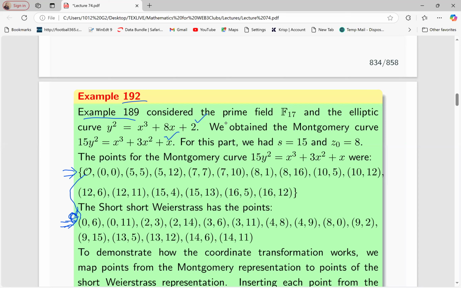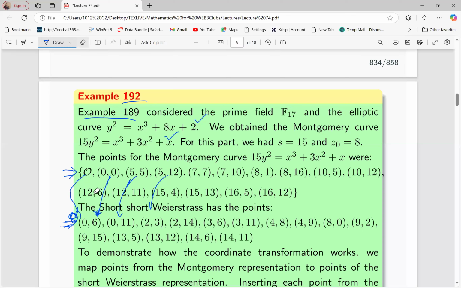Now, the question is, what about this point? Where will it be mapped to? We cannot just say it will be mapped here. Of course, we'll need to calculate to see where it will be mapped to. What about this? Where will it be mapped to? That's what we want to see, where these points will be mapped to.